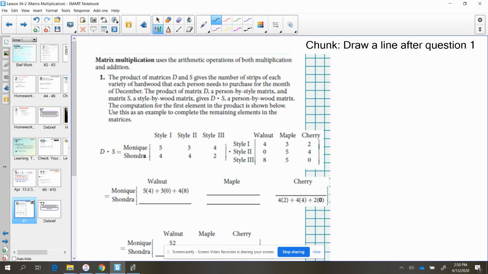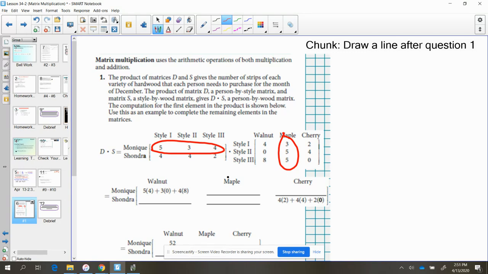So to get the maple for Monique, the number of strips of maple we need, we're looking for row 1, column 2. So this is going to require us to take row 1 and column 2 of our two matrices that we are given, D times S, and multiply each entry by its corresponding entry and then add the values together.